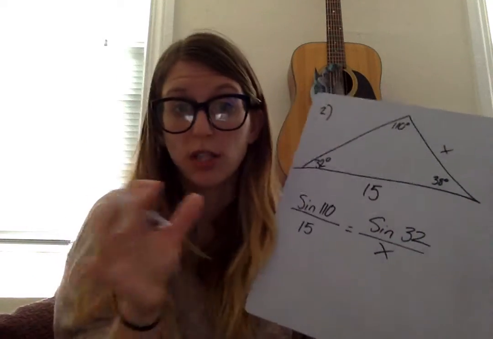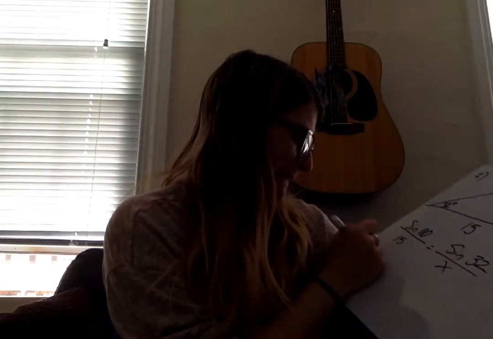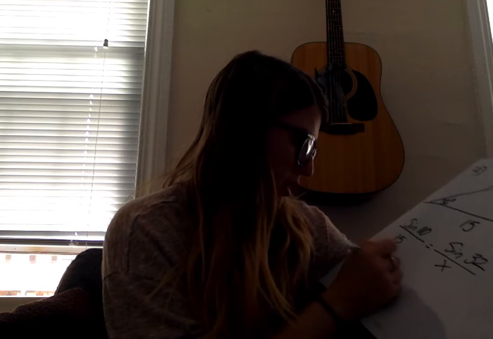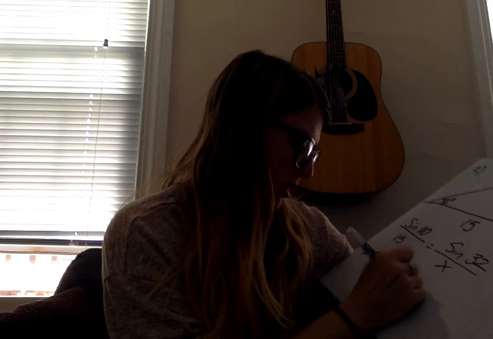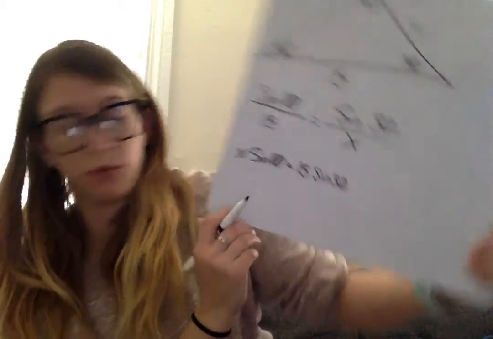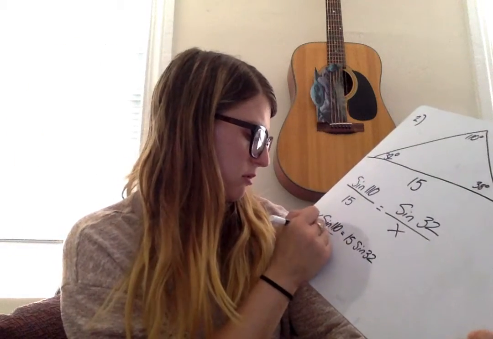We're going to cross multiply. That's going to give me x sine of 110 equals 15 sine of 32. And in order to isolate x, we have to divide by sine of 110 on both sides.